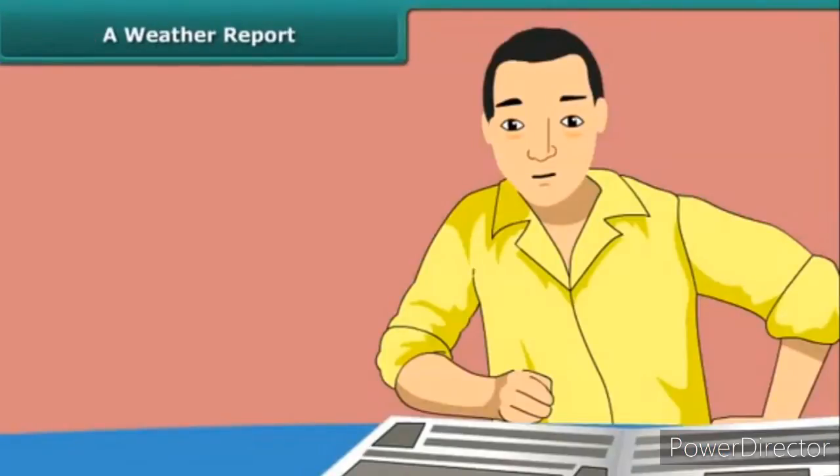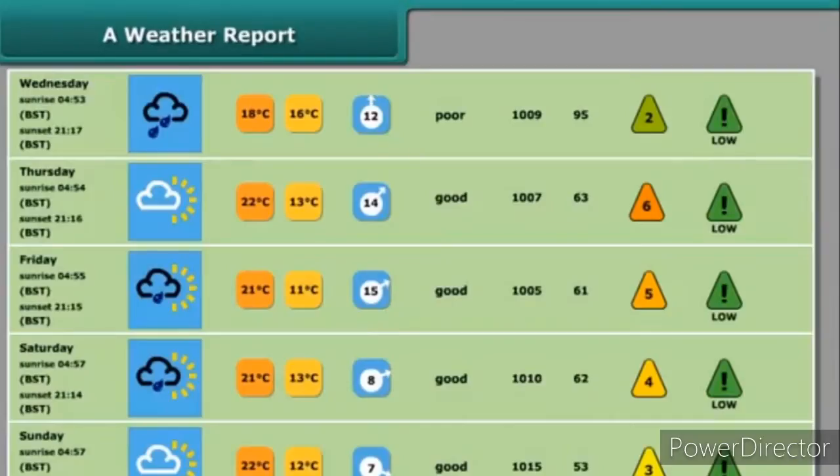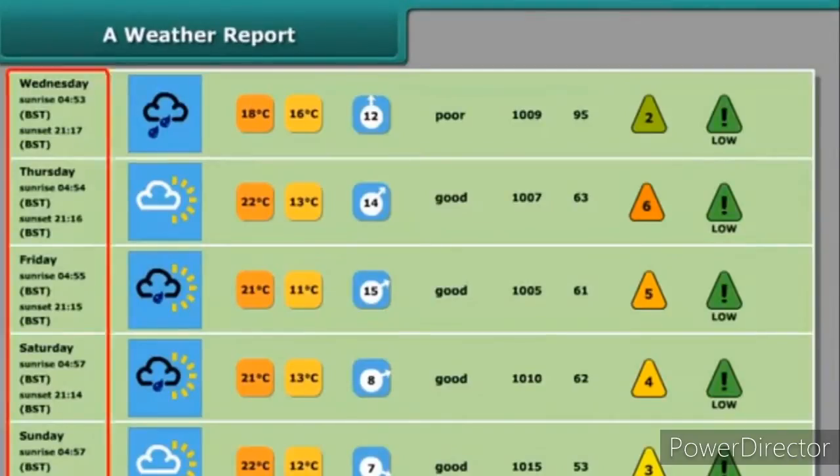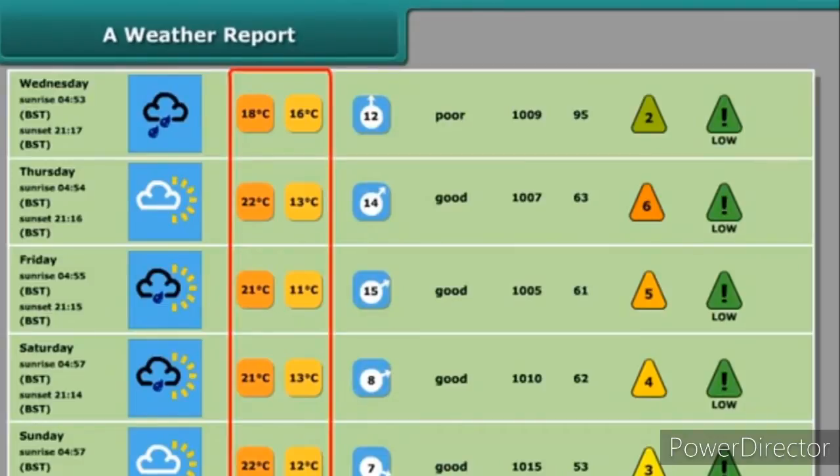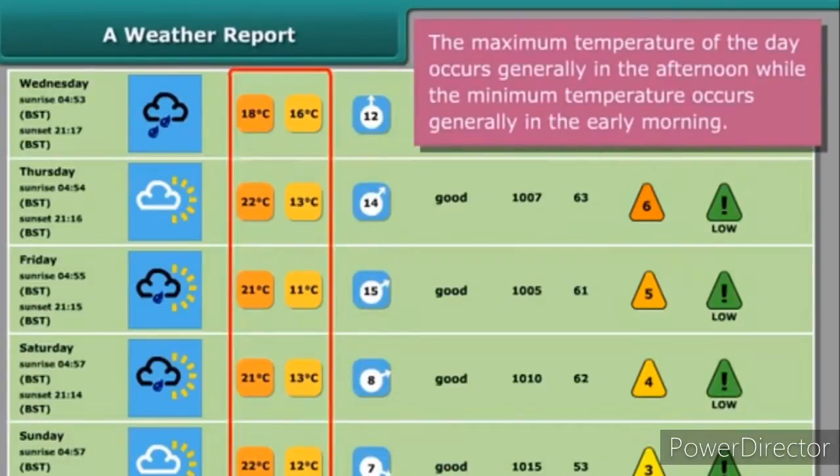We used to know weather report also. See here, a weather report is given of different days like Wednesday, Thursday, Friday, Saturday and Sunday. Different types of weather conditions are also symbolized here, like some days are rainy, some are cloudy. Different temperatures are given here.